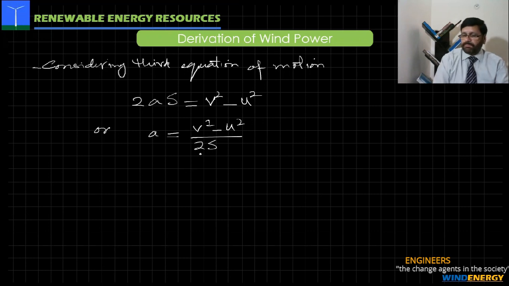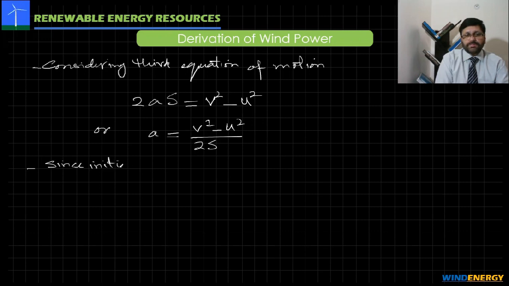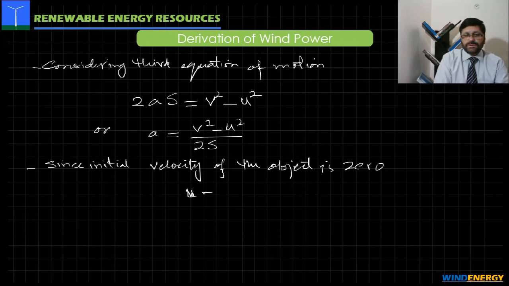Now let's say, since initial velocity of the object is 0, which is u is equal to 0.